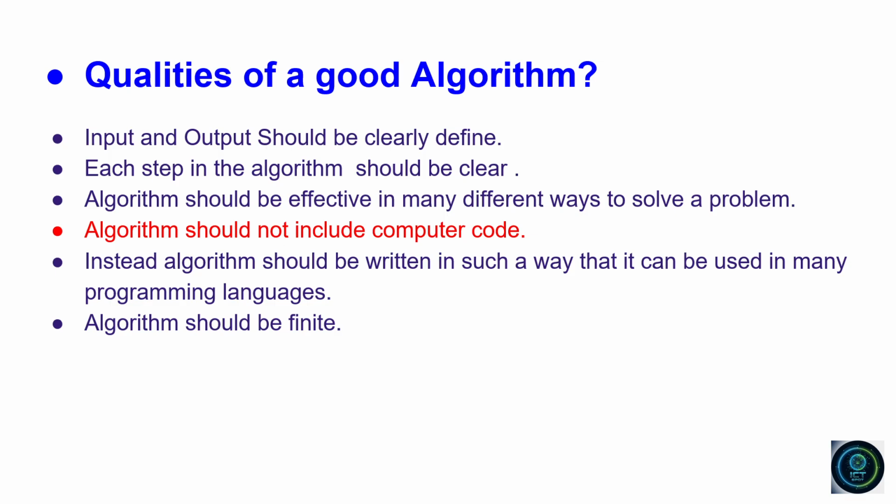Then regarding this algorithm, we are considering quality. So what are the qualities of a good algorithm? Remember that all the inputs and outputs should be clearly defined in your algorithm. It should have clear inputs and clear outputs. Then each step in the algorithm should be clear. Don't write any complex statements or complex phrases in your algorithm.